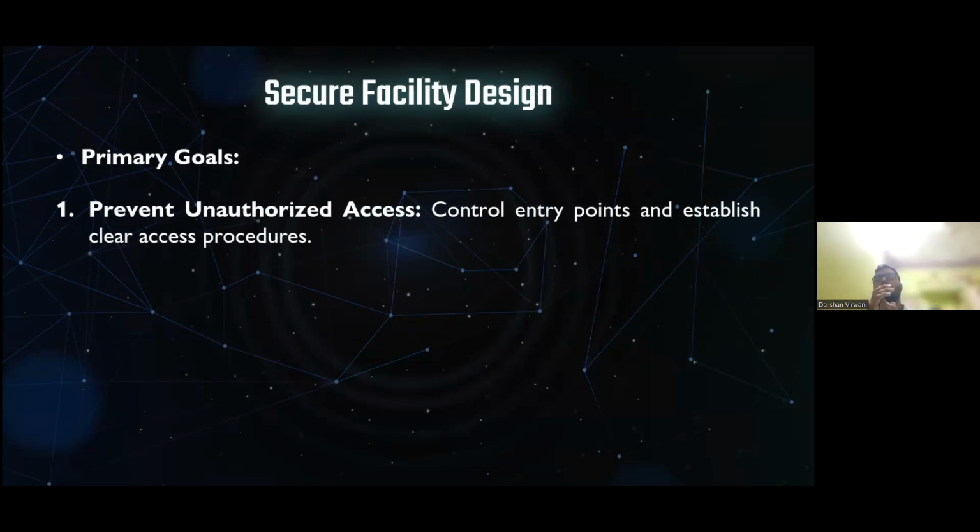First, the goal of security is to prevent unauthorized access, and secure facility design plays a great role in this. Suppose a company has one entry point and one exit point. If an intruder comes through an entry point and doesn't know about the guarding, the security personnel will be guarding both the entry and exit points, and that unauthorized intruder will be caught there.